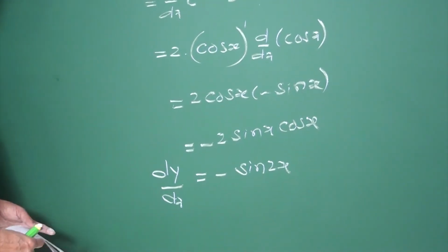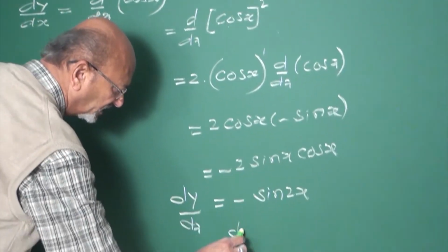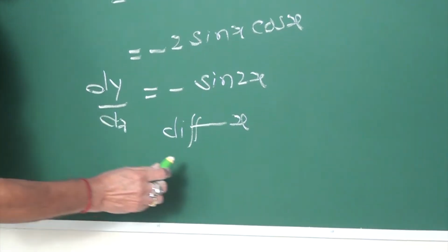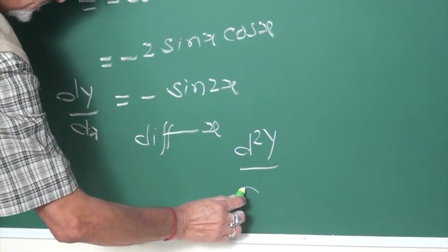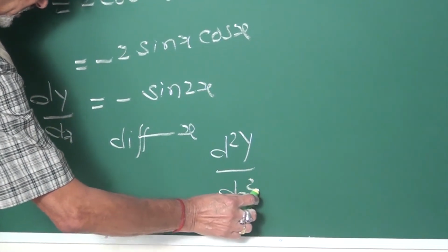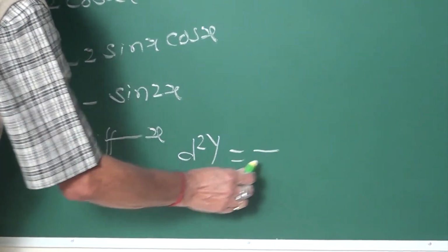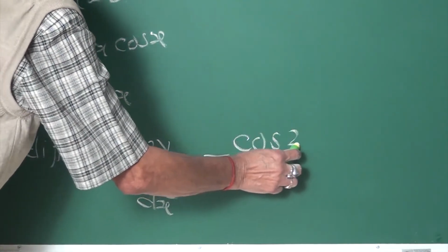Once again, to get the second derivative, differentiate again with respect to x. Derivative of the first derivative. The symbol for the second derivative is d2y by dx2, equal to minus the derivative of sin 2x. The angle is as it is.